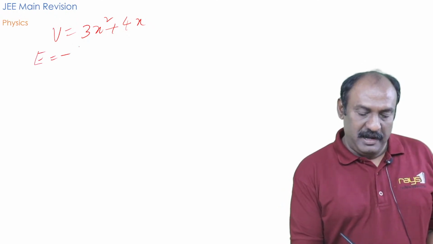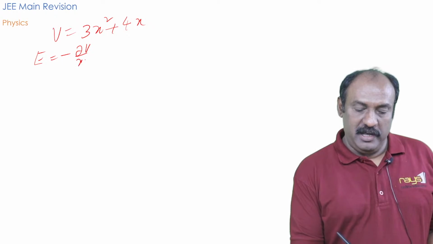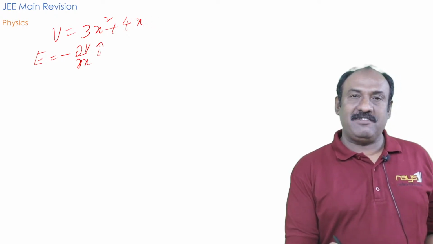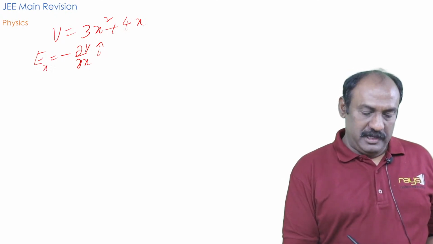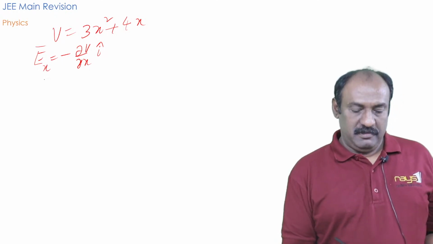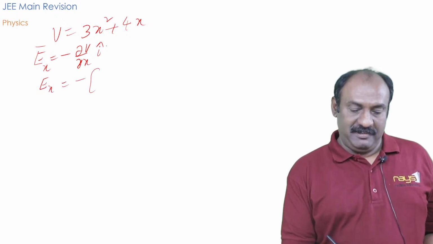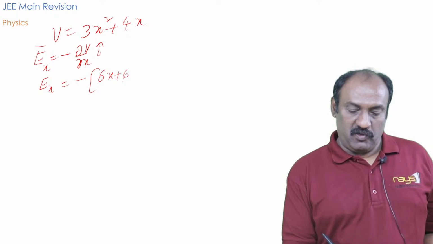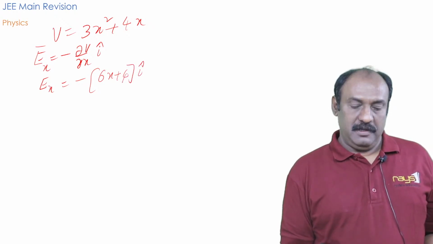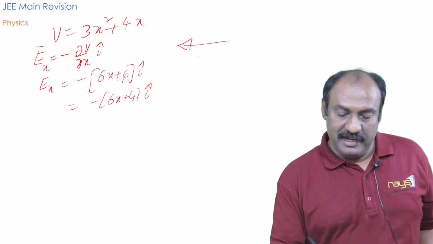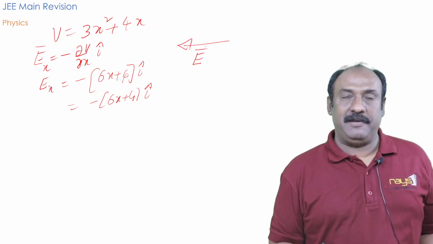E equal to minus dou V by dou x into i cap, because it varies only along the x direction. So we get only Ex bar, which is equal to minus of 6x plus 4 into i cap. So the electric field intensity in that region is along the negative x direction.